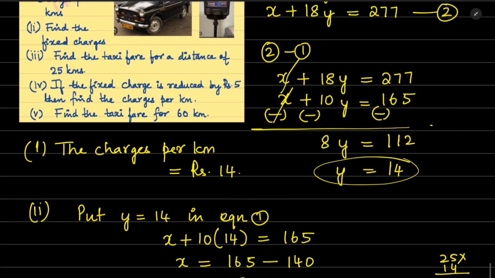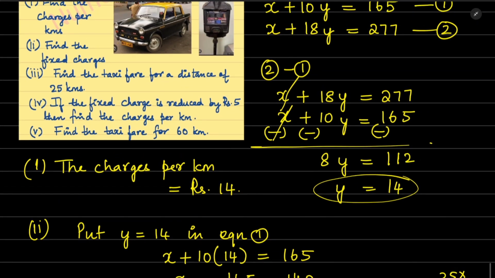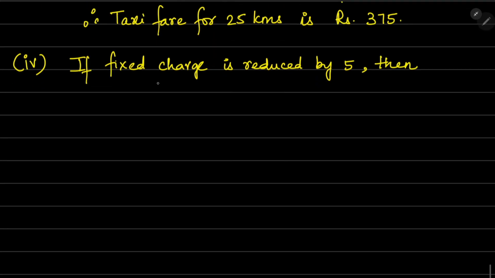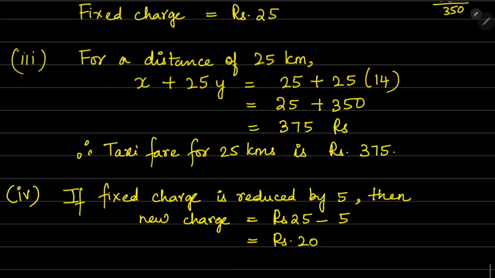How much is the fixed charge right now? It is 25, isn't it? Then the new charge will be rupees 25, the existing fixed charge, minus 5, which is rupees 20.